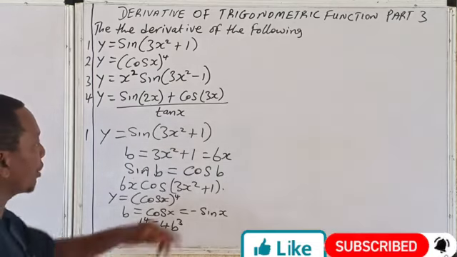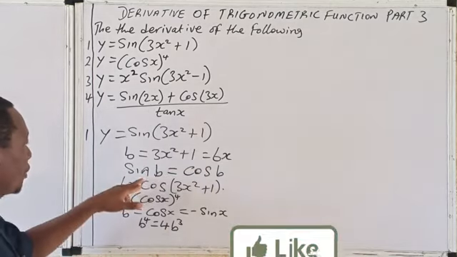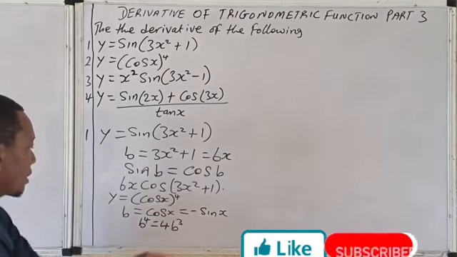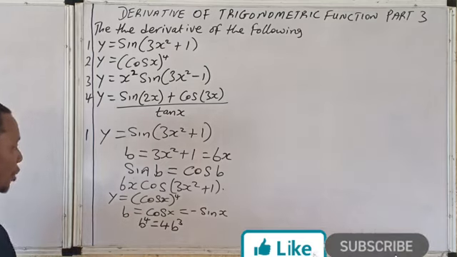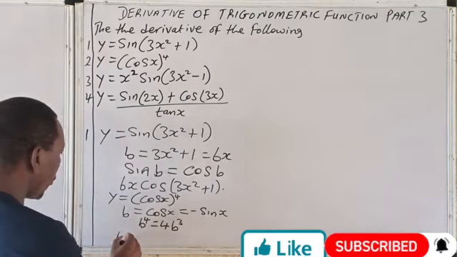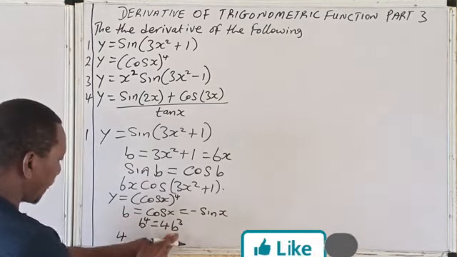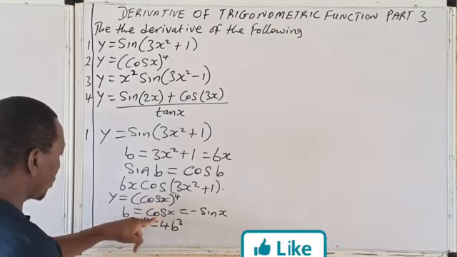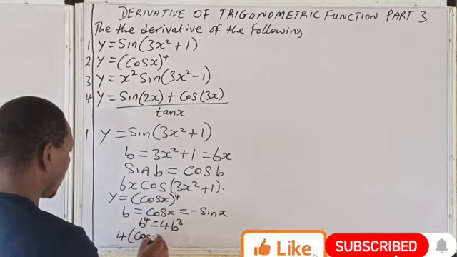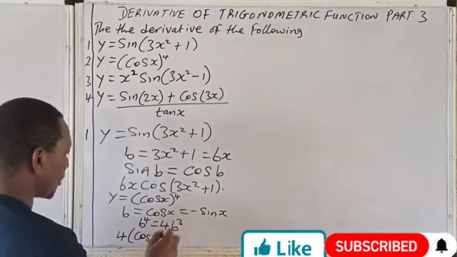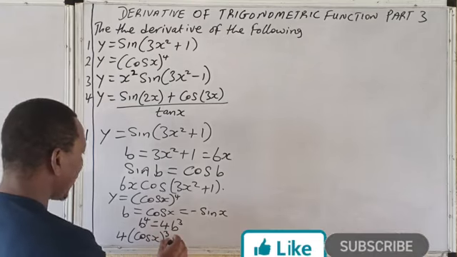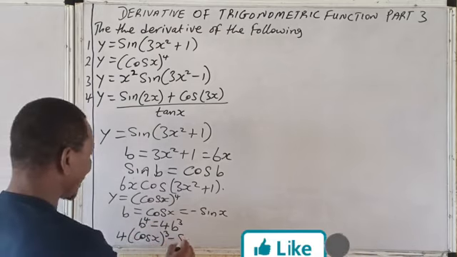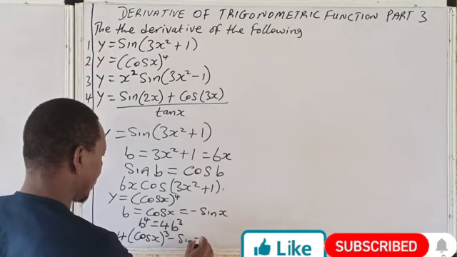Just the way we did before, we differentiate this and we differentiate that, then combine the two. You just have 4, and b is actually cos x, raised to the power 3, then times minus sine x.